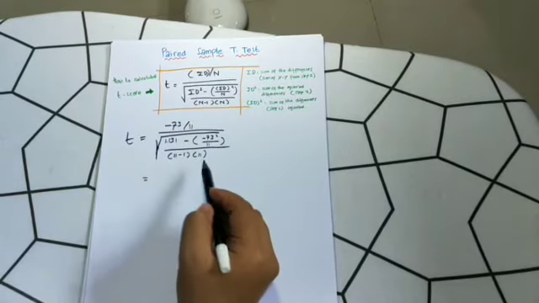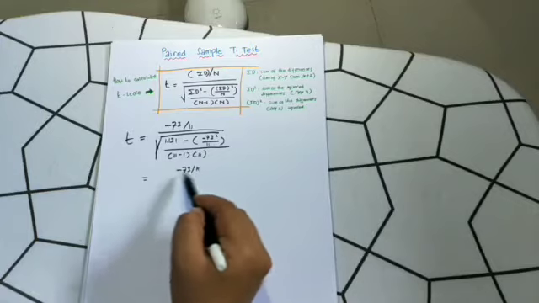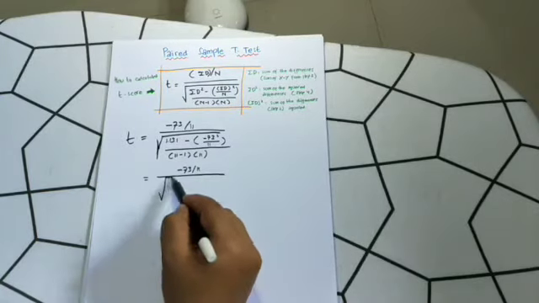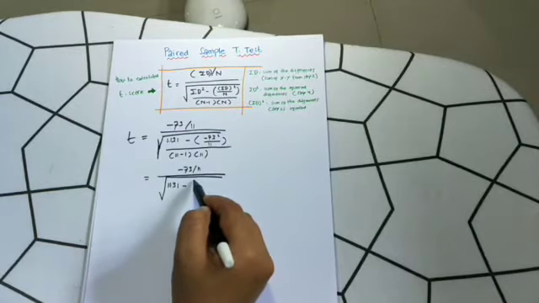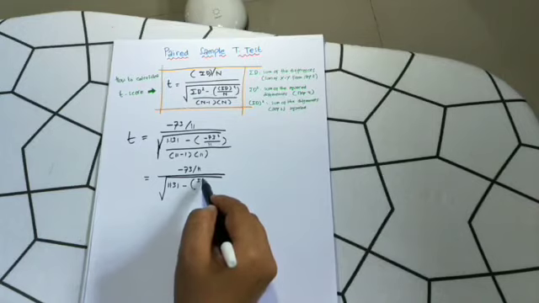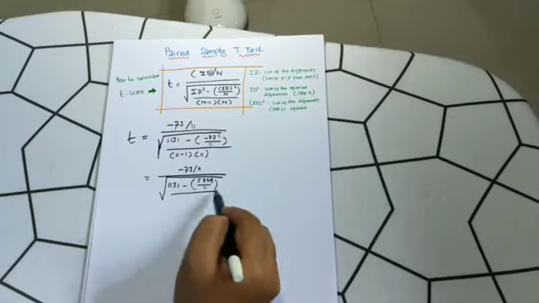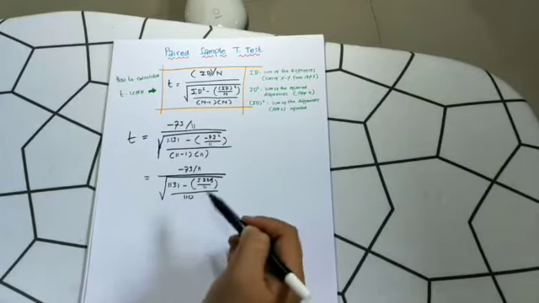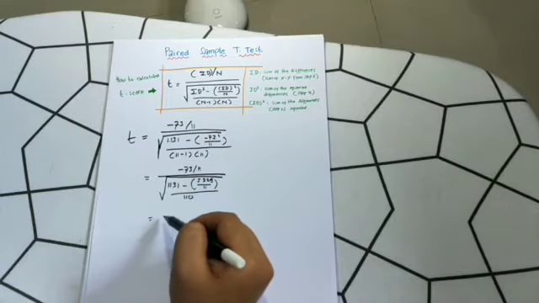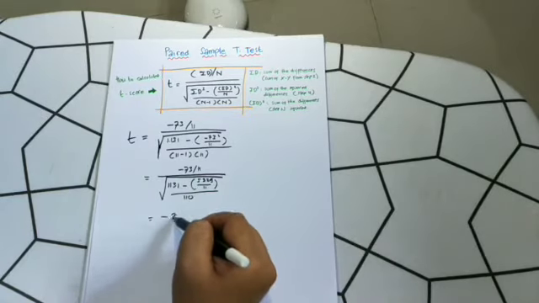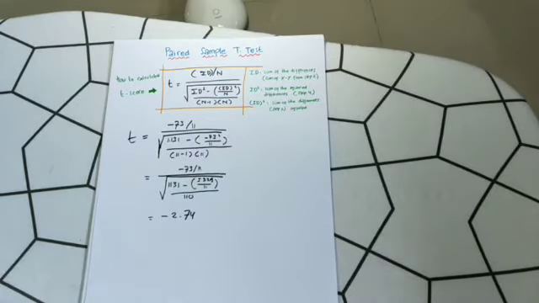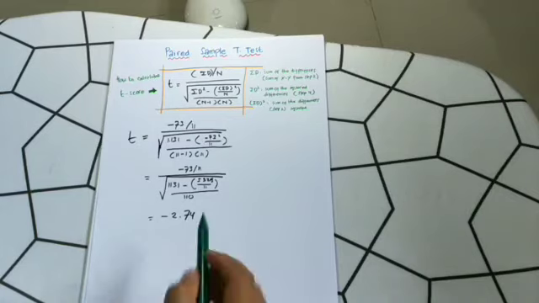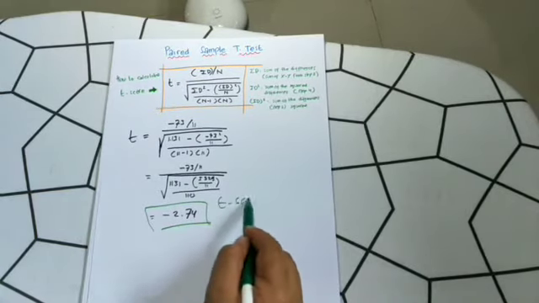So we get minus 73 divided by 11, and the root of 1131 minus 5329 divided by 11, divided by 110. If you calculate all of this, we will get that the t-score is minus 2.74. This is your t-score.